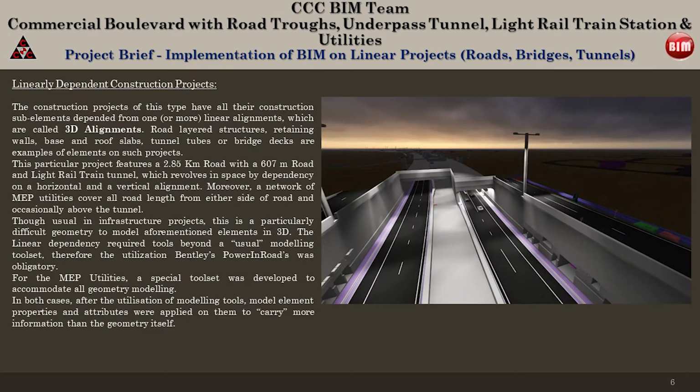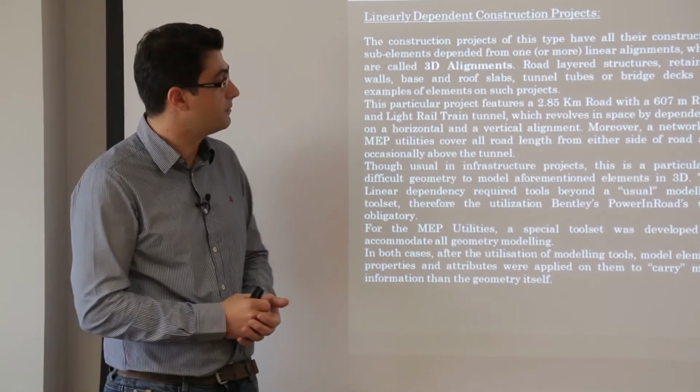These projects are linear projects, as we like to call them, linearly dependent projects, which means that the construction of these types of projects has all their sub-elements dependent on one or more linear alignments, which are called 3D alignments for the purposes of building information modeling and construction as well.